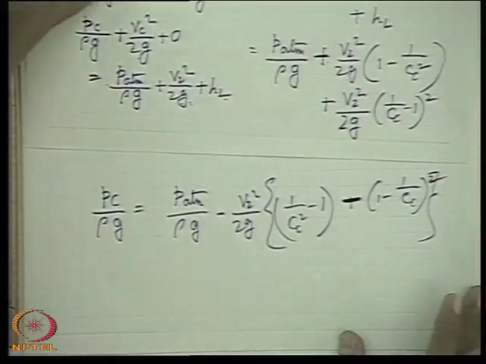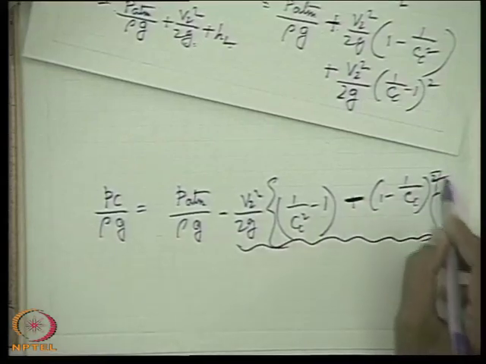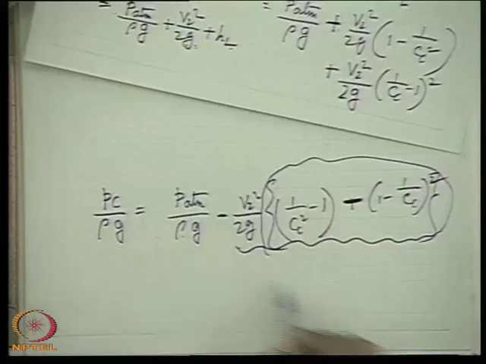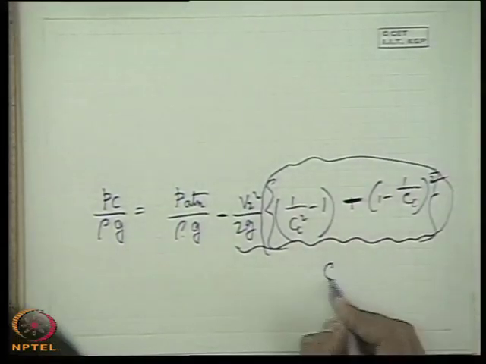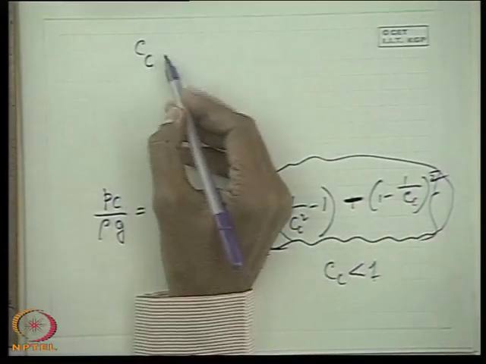So now this can also be shown to be a positive quantity, so that this is always less than P atmospheric by rho g. That I leave you as an exercise: I have shown that for all values of Cc less than 1, this is a positive quantity. Now I tell you a representative value.